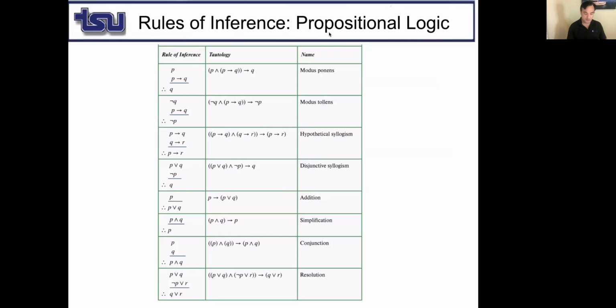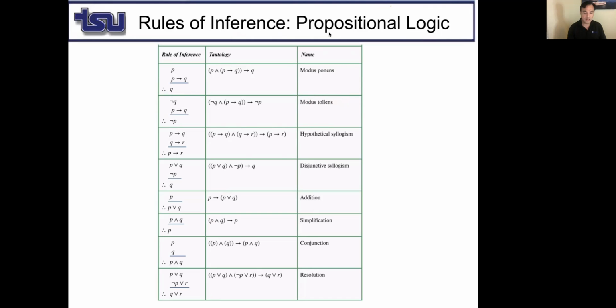We are going to see each one of them in detail. There are 8 rules of inference for propositional logic, and they have some Latin names. The first one is modus ponens. If P is true, and if P implies Q is true, then Q must be true. Modus tollens: if not Q is true, and if P implies Q, then not P must be true.